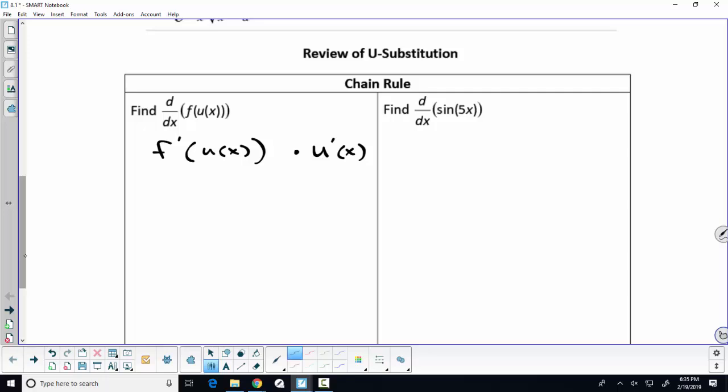So that's a generic chain rule. A specific chain rule applied to this: the outer function is sine, so the derivative of sine is cosine. Leave the inner function alone, and then multiply by the derivative of the inner function. Okay. So I hope that's straightforward at this point.